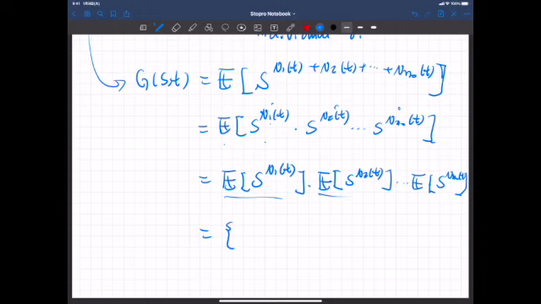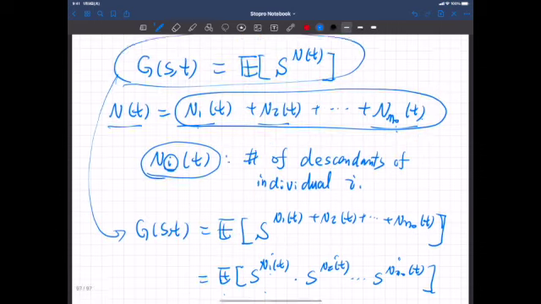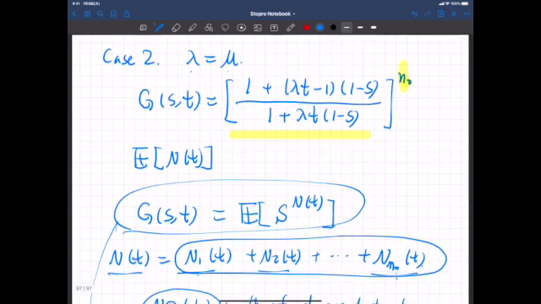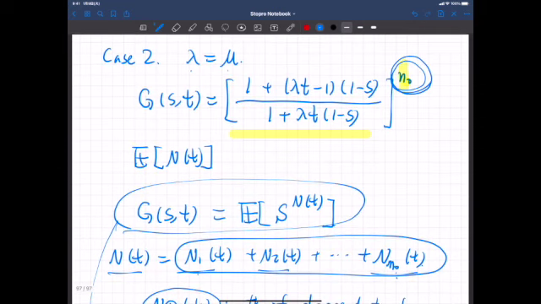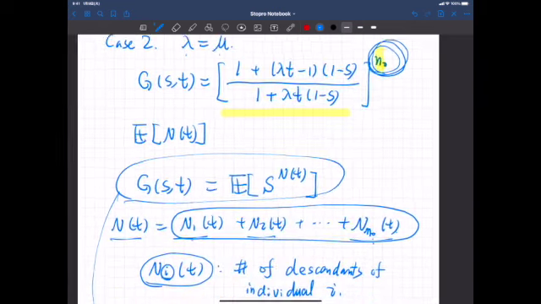Each of them should be identical to the others, so it should be the expectation value of s to the power of n1, for example, to the power of n0, since there are n0 factors. That's why the generating function has this exponent n0.